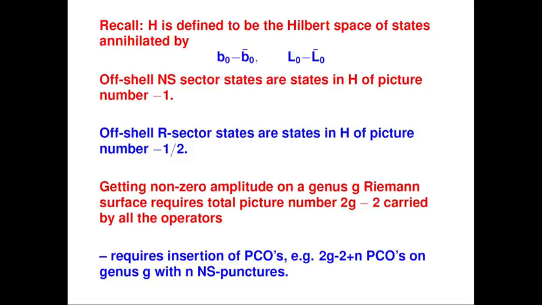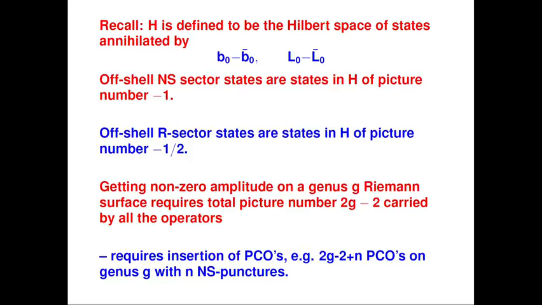So, let us recall that we had introduced H as the Hilbert space of states which are annihilated by these two particular generators B0 minus B0 bar and L0 minus L0 bar. Let me remind you again that L0 is the 0 mode of the Virasoro generators, and B0 is the 0 mode of the B ghost. Now, we keep these conditions in superstring theory.